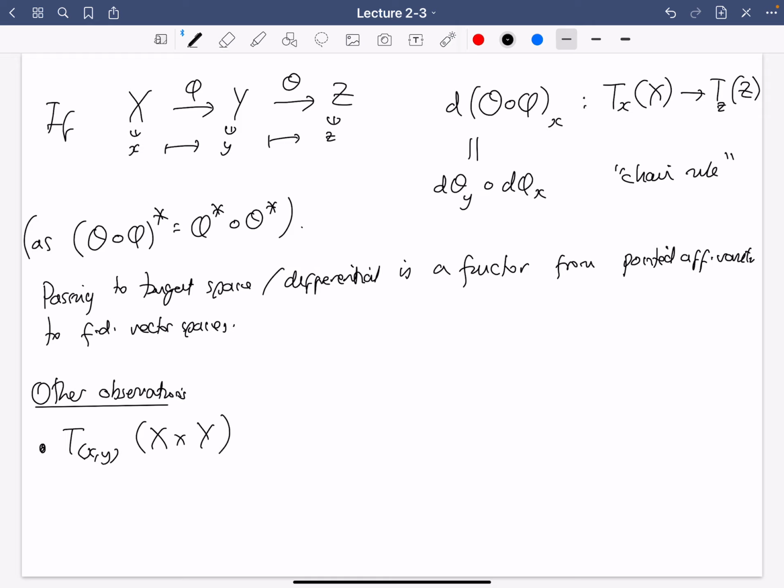So if you have two varieties X and Y and you have a point in their Cartesian product, what do you expect the tangent space to be? I'm just going to write equals. You can ponder exactly what I mean by equals there. Of course, that should be the tangent space to X, direct sum the tangent space to Y. So tangent space does what you would expect on products. Let me see, what else should I talk about? What about if you have a closed embedding?